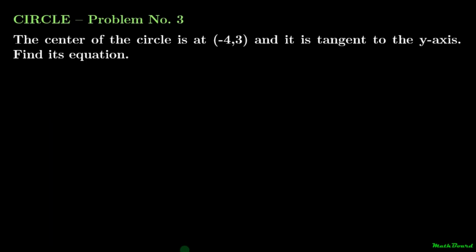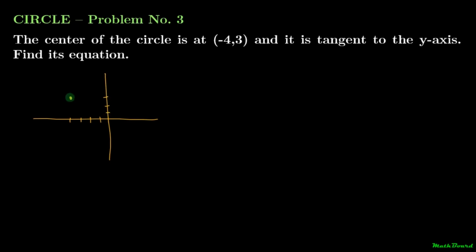How about this one? The center of the circle is at negative 4, 3 and it's tangent to the y-axis. Find the equation. Take note that if we have a circle, then the center is at negative 4, 3. One, 2, 3, 4, then 1, 2, 3.